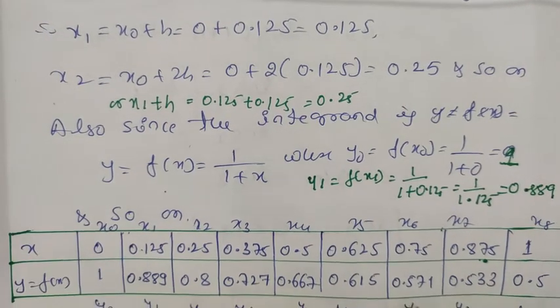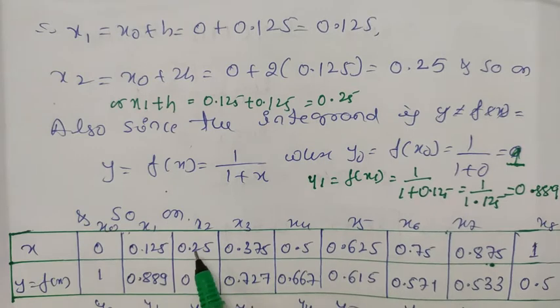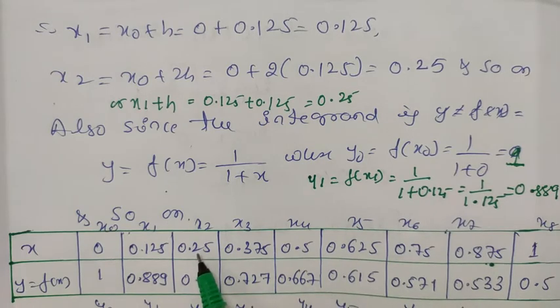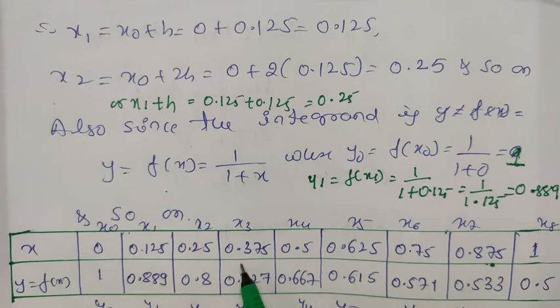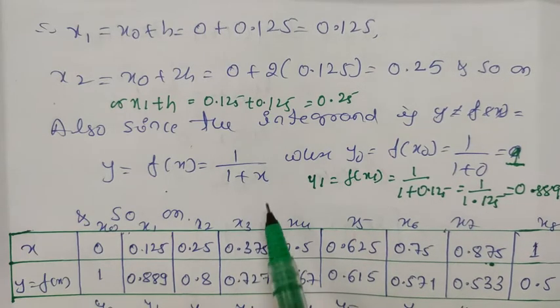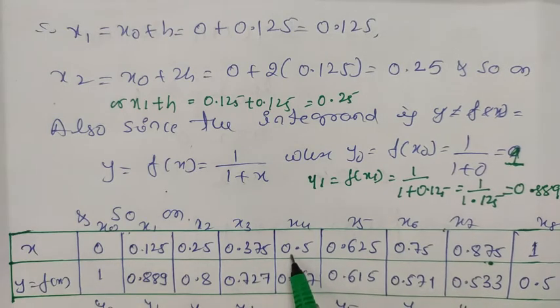Next value is 1 divided by 1 plus 0.25, which gives 0.8. Then 1 divided by 1 plus 0.375, which is 1 divided by 1.375, gives 0.727. Similarly, 1 divided by 1 plus 0.5, that is 1 divided by 1.5, gives 0.667.